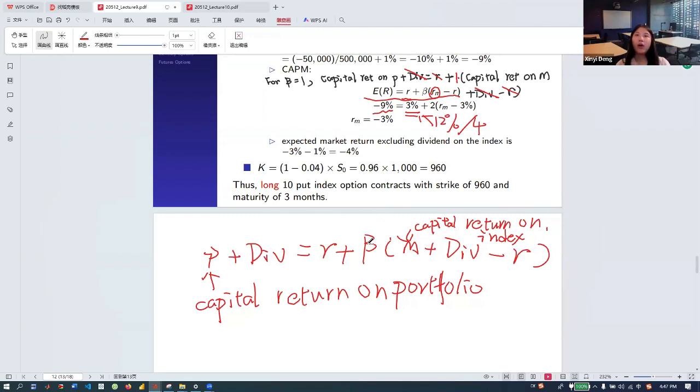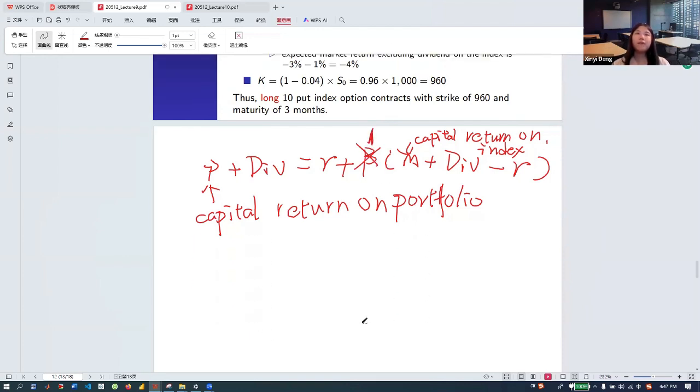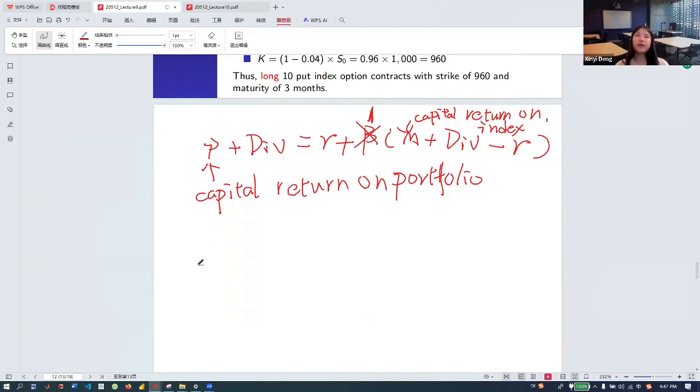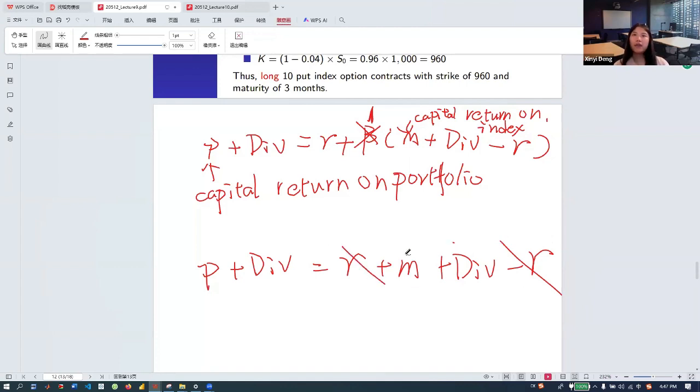Now for the first example, beta is equal to 1, right? Once you have beta equal to 1, the above equation becomes P plus dividend yield is equal to R plus M plus dividend yield minus R. So R cancels out with R, and dividend yield cancels out with dividend yield.